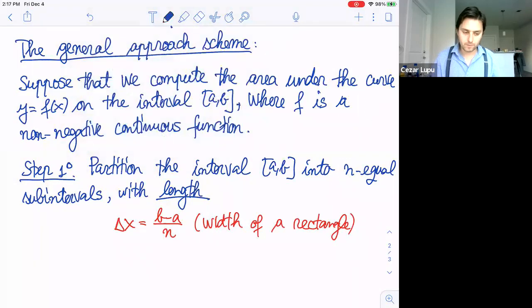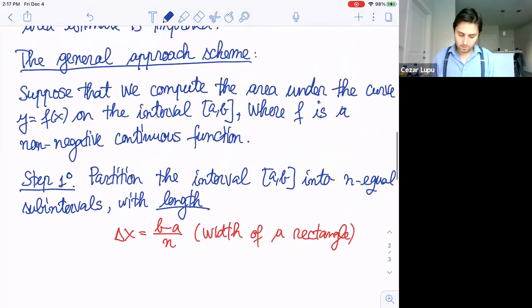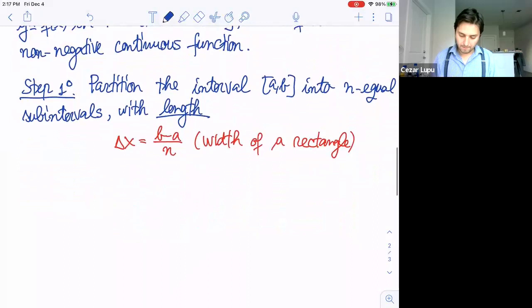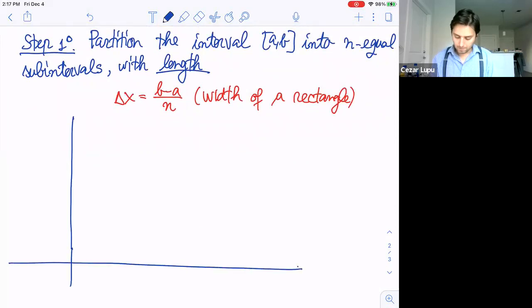All right. And now let me just draw a picture so that you can see exactly how the length will behave.